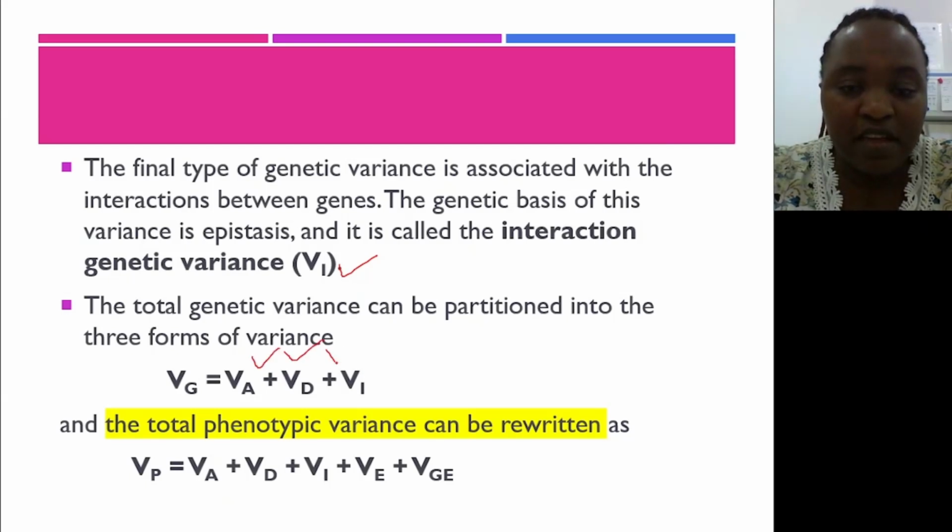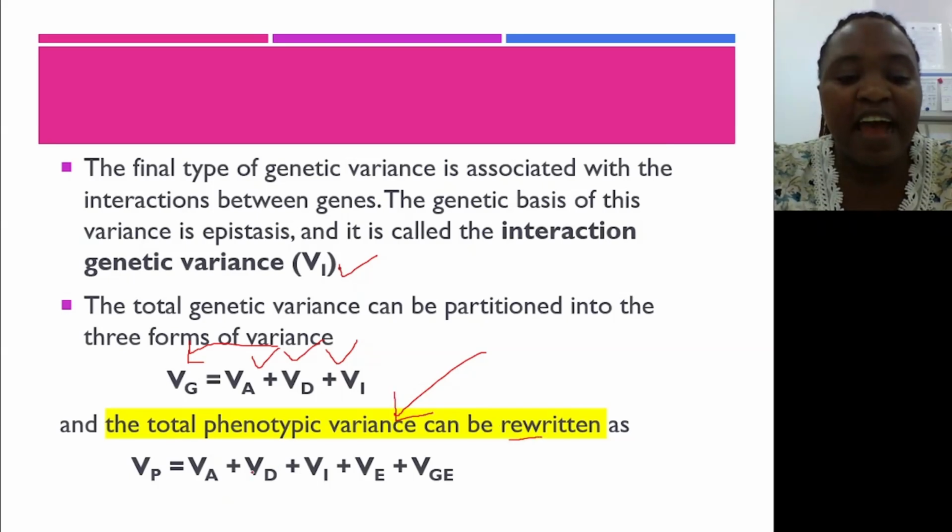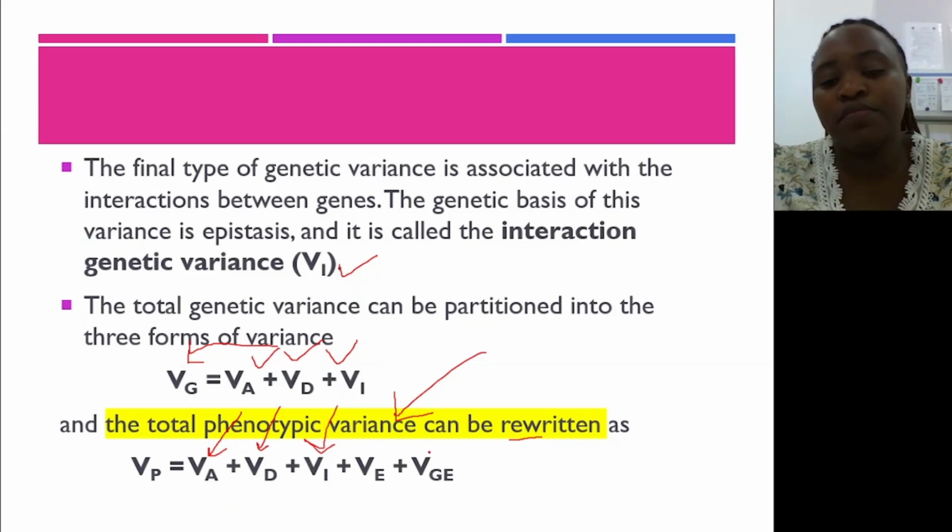These three contribute to our total genetic variance, and therefore they contribute to the total phenotypic variance we had at the beginning. So we can rewrite this as the total phenotypic variance equals, instead of VG, VA plus VD plus VI, and then of course the variance related to environment and the variance related to genetic and environmental interaction.